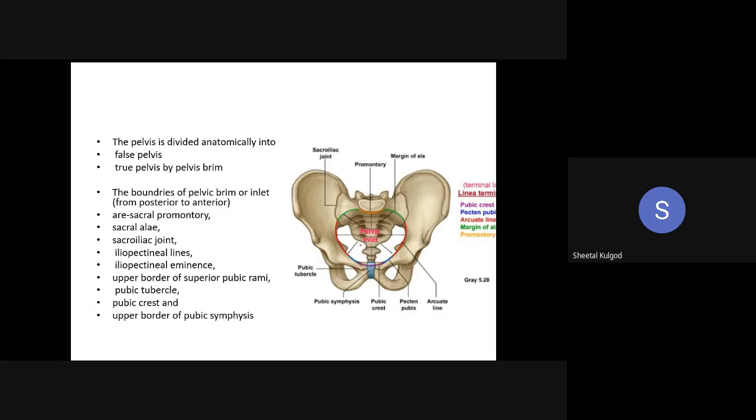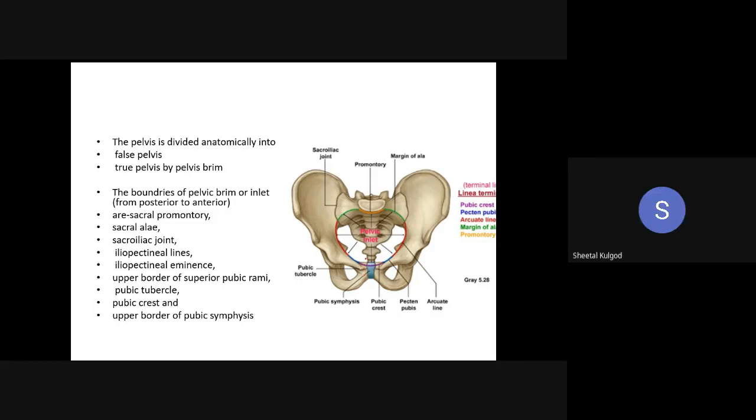Now, why you have to understand the false pelvis and true pelvis is that at the time of labor or delivery, the only part of obstetrical importance is the true pelvis, or per se the pelvic cavity through which the fetus has to pass. So that is of more obstetrical importance, whereas the false pelvis is not, and it only forms a support to the growing uterus during pregnancy.